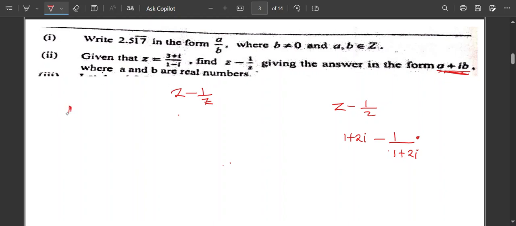So I'll have 1 over 1 plus 2i, all right. So now I will conjugate this one again by finding its conjugate. I will say 1 minus 2i, all right? Then over 1 minus 2i, like that. So this will be just the same thing, 1 minus 2i.